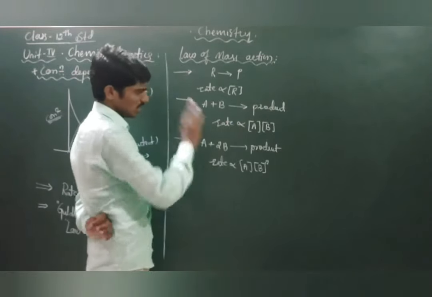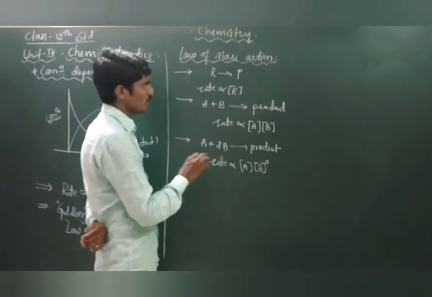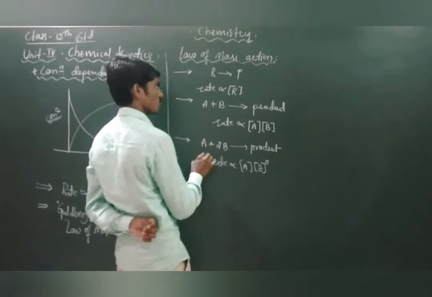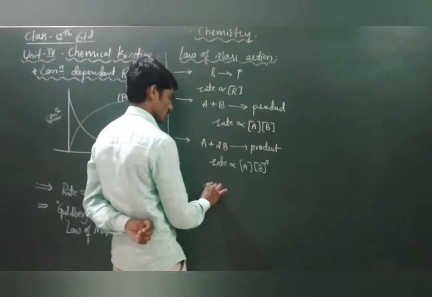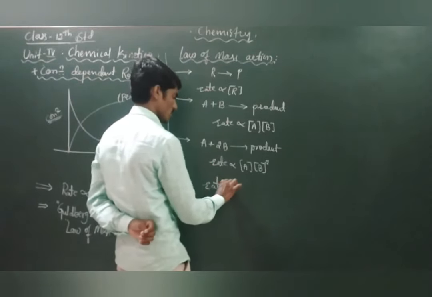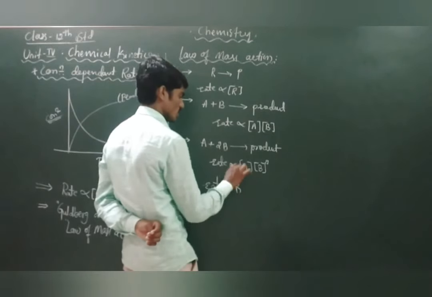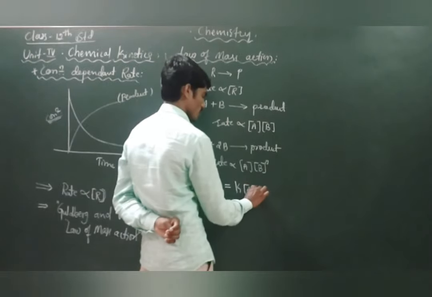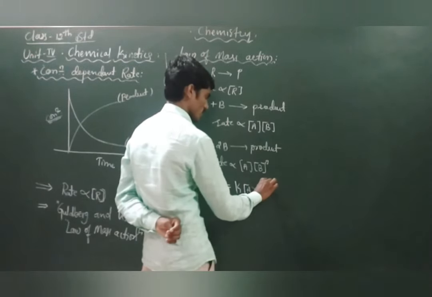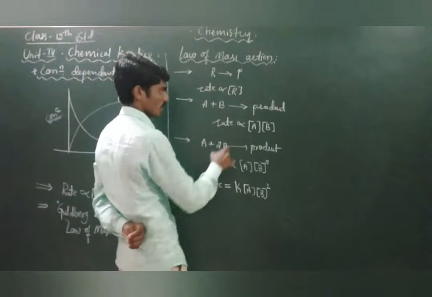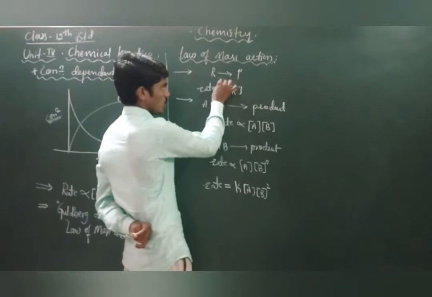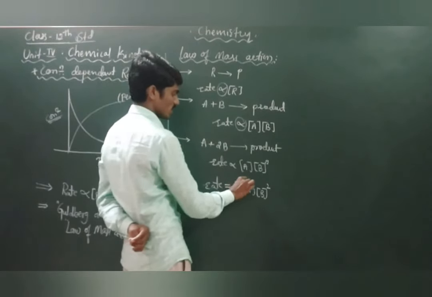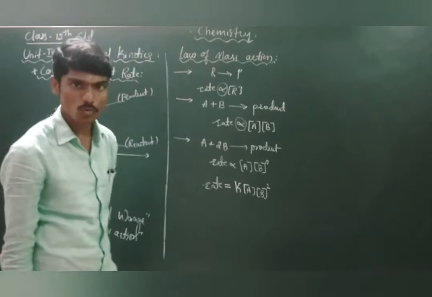Now in all the cases, if we remove the proportionality symbol, then we express rate is equal to some constant K into the concentration of reactants. In all cases, this proportionality symbol can be replaced by some constant K. K is known as the constant of proportionality.